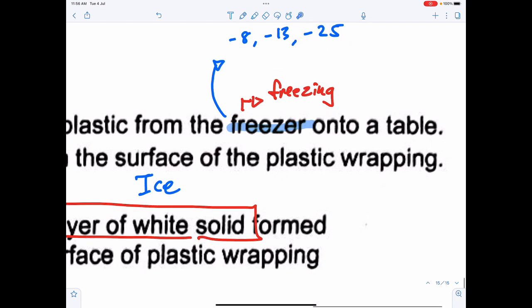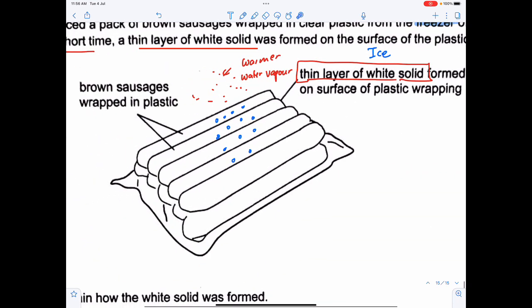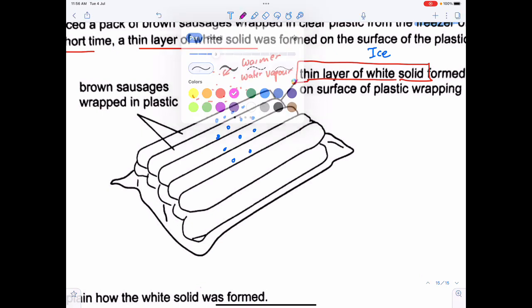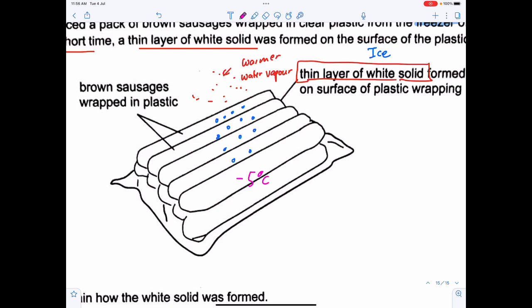So which means that when your sausage first came out, it will not be at 0 degrees. It will probably be plus minus maybe negative 5 degrees Celsius. So given the fact that it's negative 5 degrees Celsius, it is still lower than 0 degrees, which is below the freezing point of water.